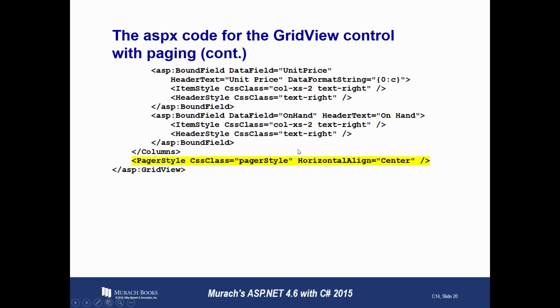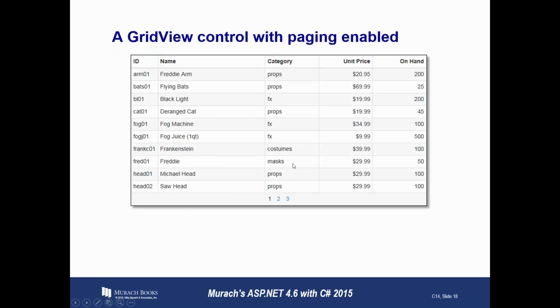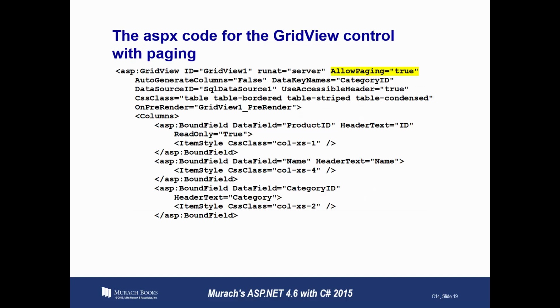So there's a lot of ways that you can set this up if you're so inclined. Bootstrap also contains a component for pagination. It does not appear to work very well, though, with using the grid view. It's more involved, so the recommendation is you do it the way that's shown on 496 through 499.